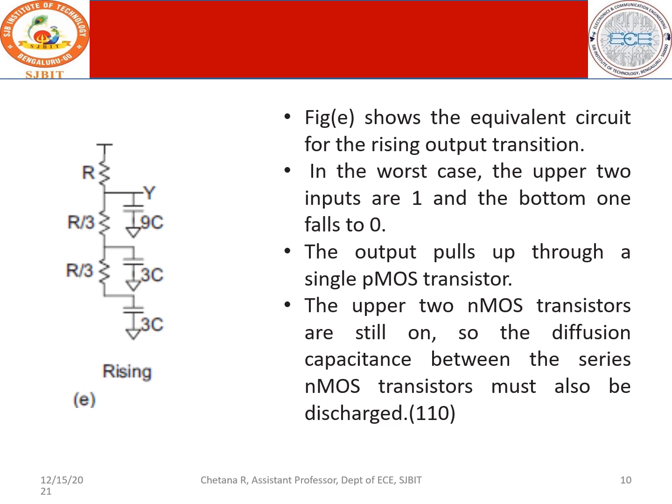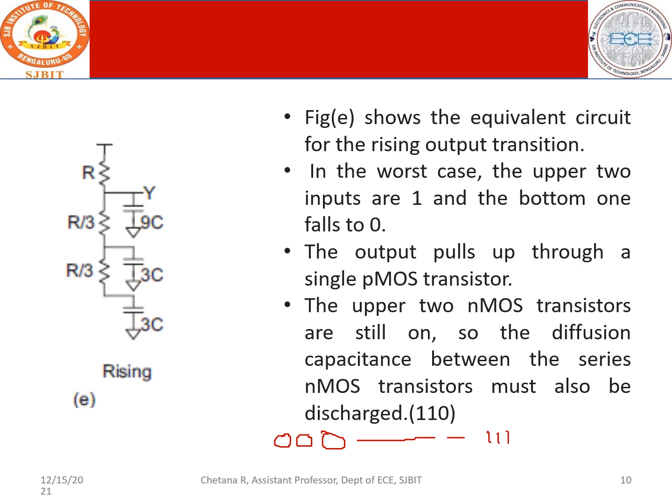But here, since 3 inputs are given, there are 8 states, from 0, 0, 0 up to 1, 1, 1. Here the worst case has been considered, so the upper 2 inputs are 1 and the bottom one falls to 0.